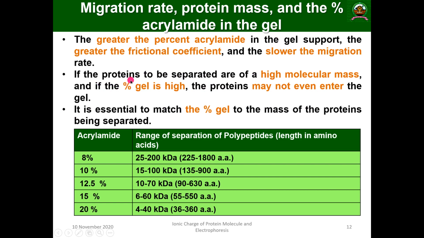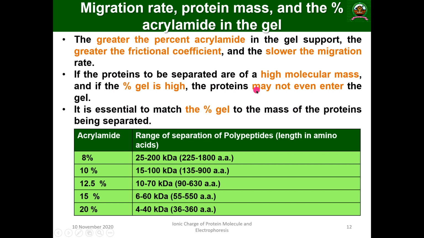So if the proteins to be separated have a high molecular mass, and the gel percentage is also high, the protein may not even enter the gel. So it is essential to match the percentage of the gel to the mass of the protein being separated.